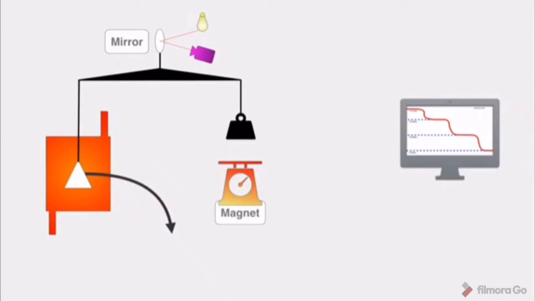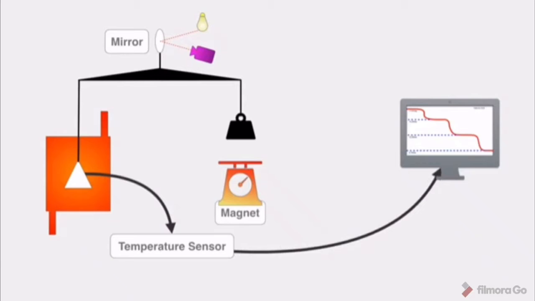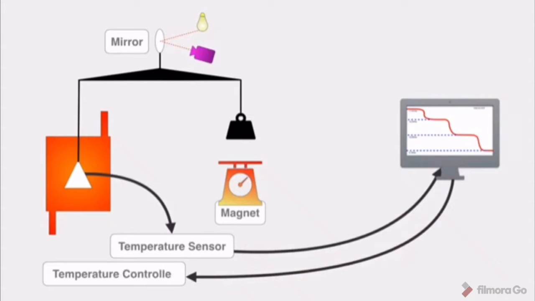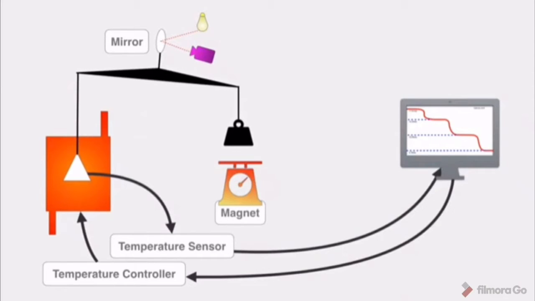First of all, the temperature of the sample is sensed by the temperature sensor, that is the thermocouple. This temperature is sent to the computer, and the computer sends the information to the temperature controller to increase the temperature. As the temperature of the furnace increases, the sample may undergo decomposition, so it will lose some weight and become lighter.